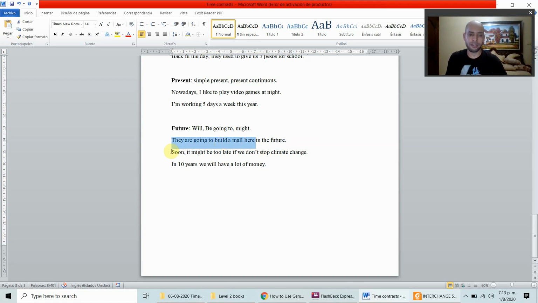That's the difference. Soon, it might be too late if we don't stop climate change. So, in the present, climate change is not a problem. But in the future, it will be a problem, and we have to act now.